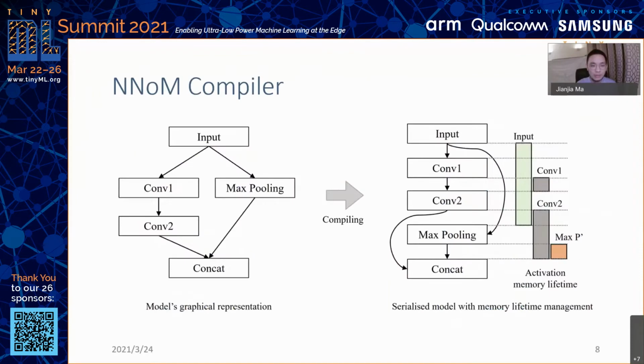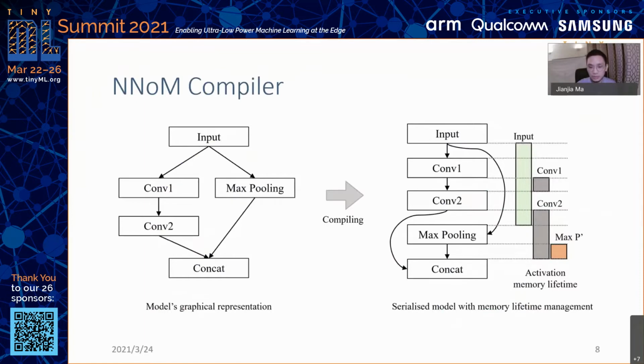Once we have this C header file, we already have the model presented in a way shown on the left-hand side, which has all the links available there. But what is missing here is the running sequence of the model.